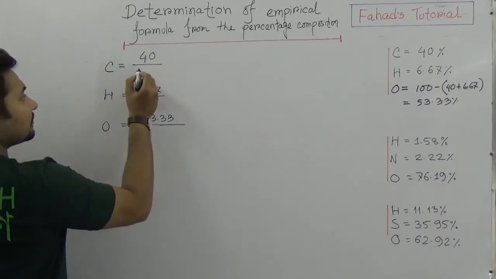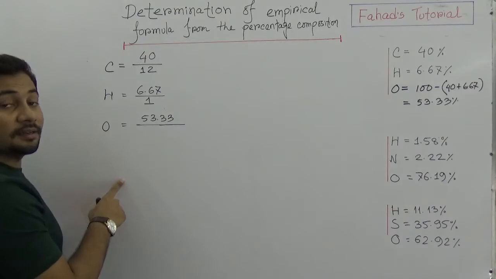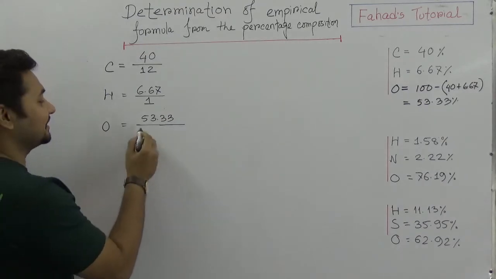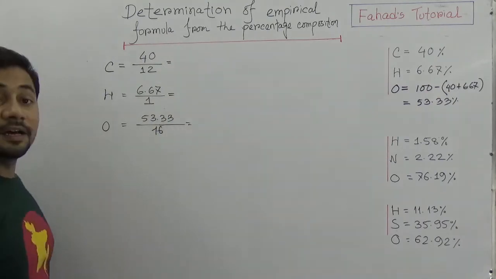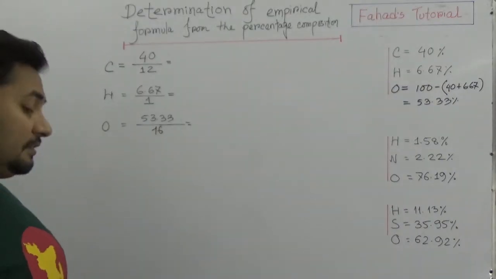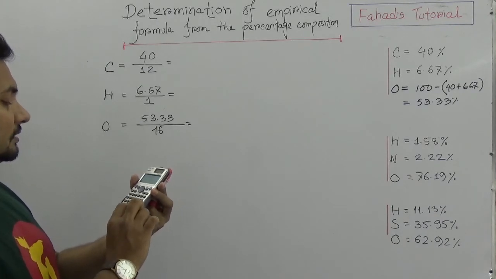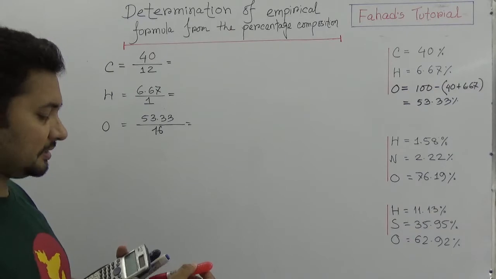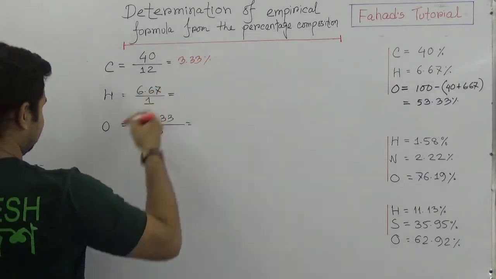So the atomic mass of carbon is 12, atomic mass of hydrogen is 1, and atomic mass of oxygen is 16. Now what is the quotient? So 40 divided by 12 is almost 3.33.